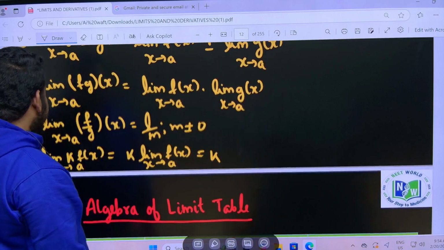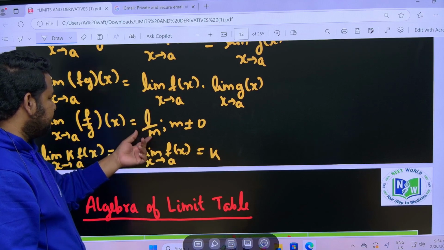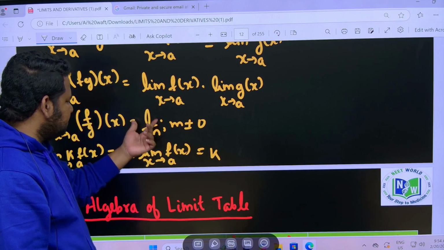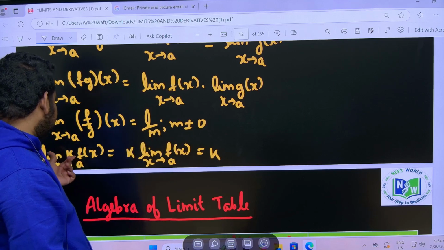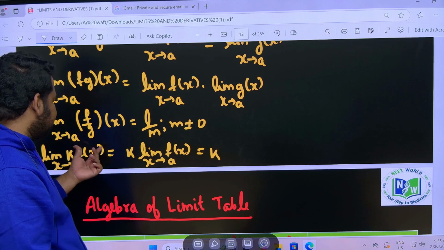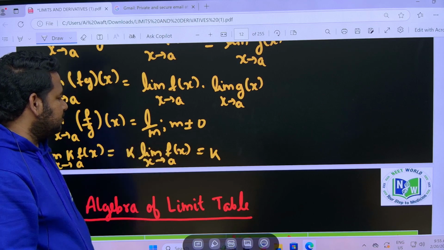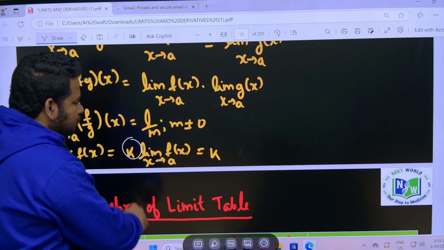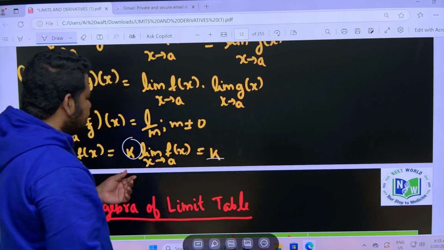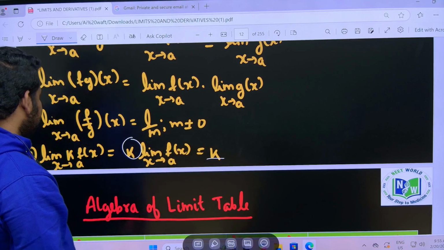Next one, limit of f of x by g of x as x tends to a is equal to L by m, where m should not be equal to 0. Then the limit of a constant into some function will give you the constant into the limit. Always the constant will come outside, that is k itself. This is about algebra of limits.